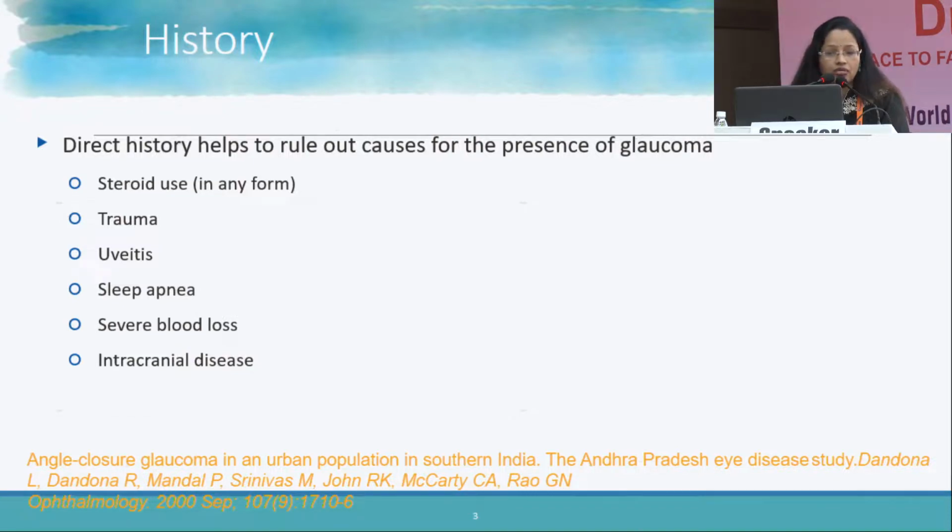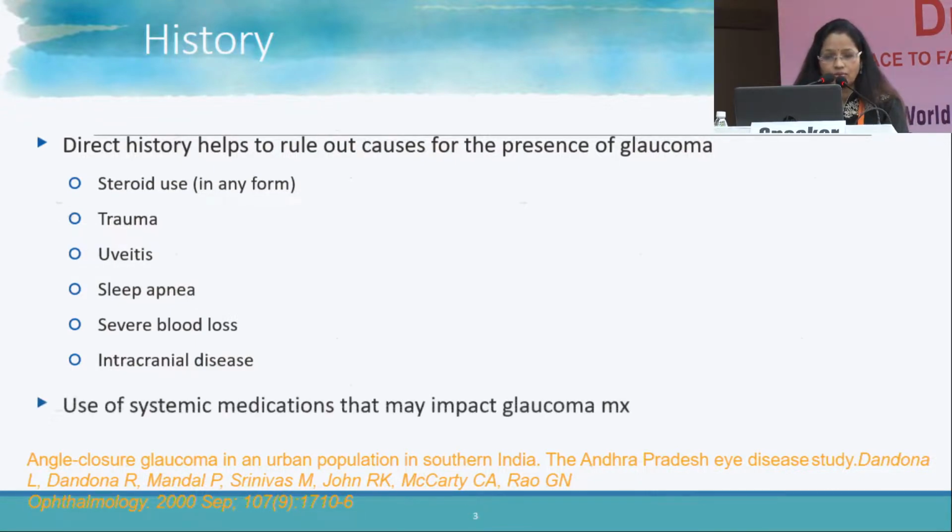Then trauma, uveitis, and sleep apnea, which might be there in patients progressing despite control of intraocular pressure. Severe blood loss or any intracranial disease might also give us a clue about secondary glaucomas.